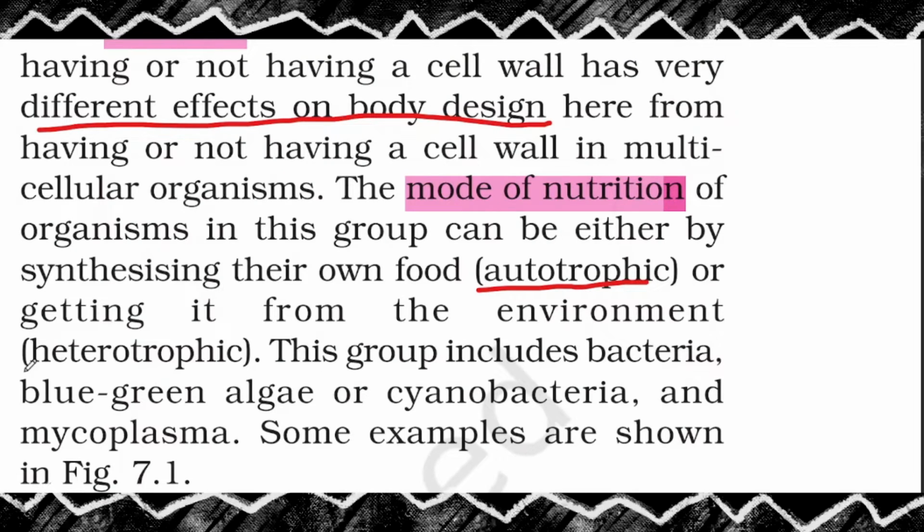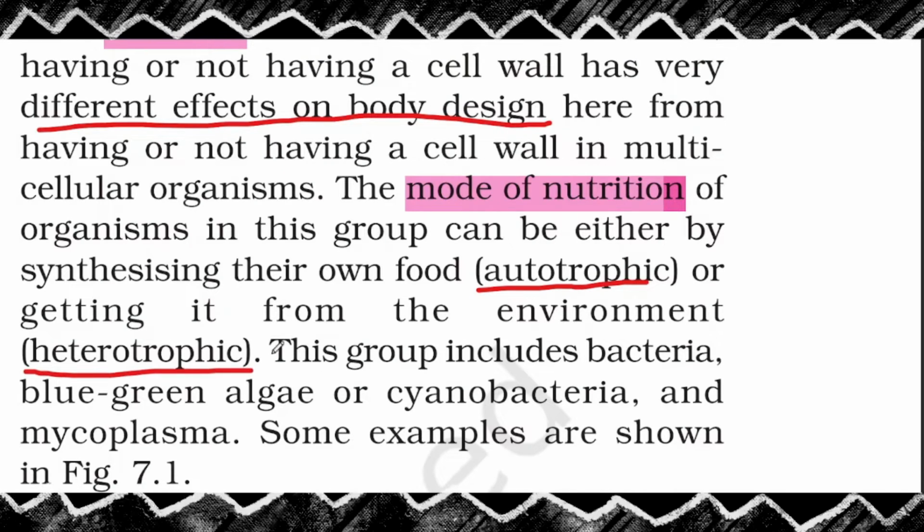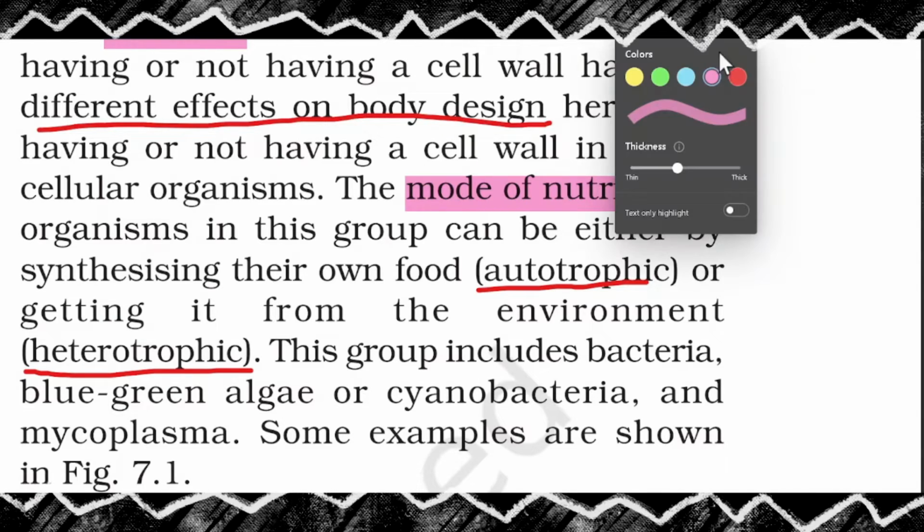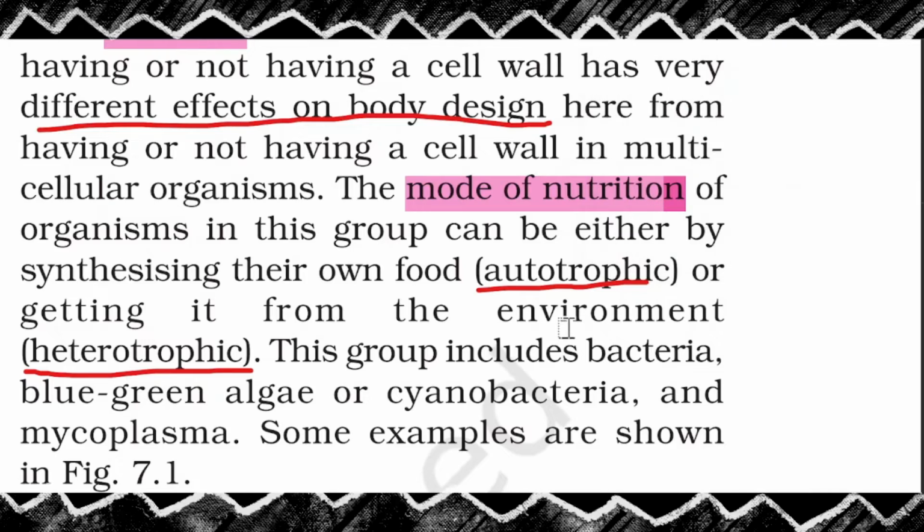They get nutrition by both the methods. So cell wall was one characteristic and mode of nutrition is another characteristic of Kingdom MONERA.